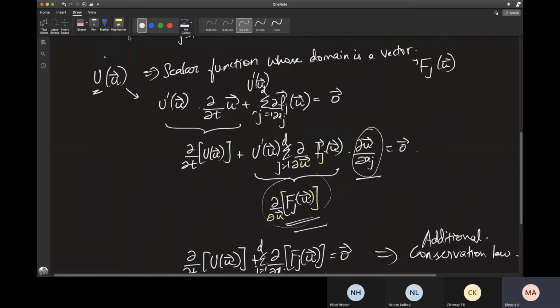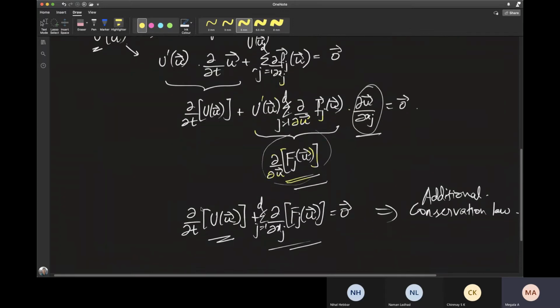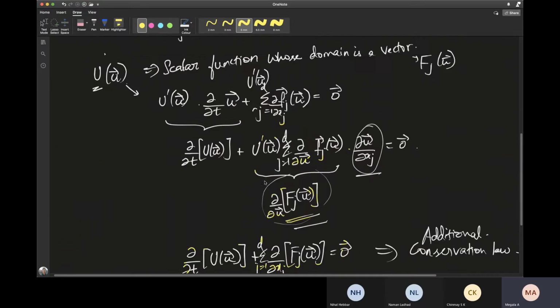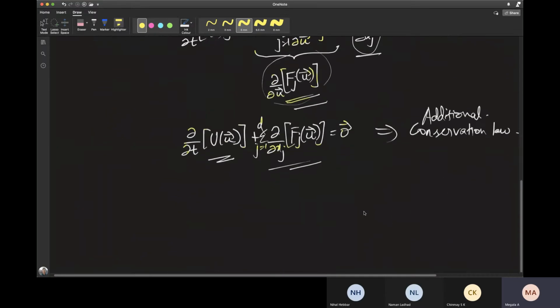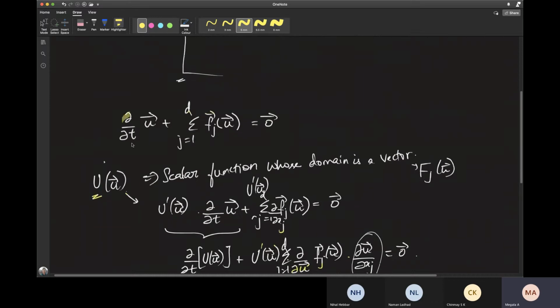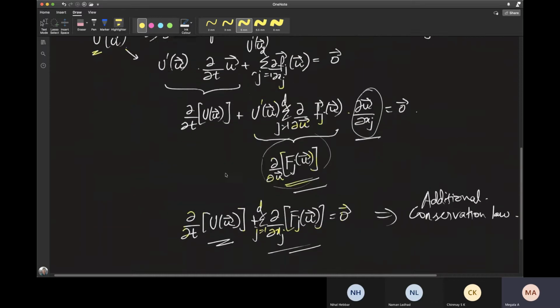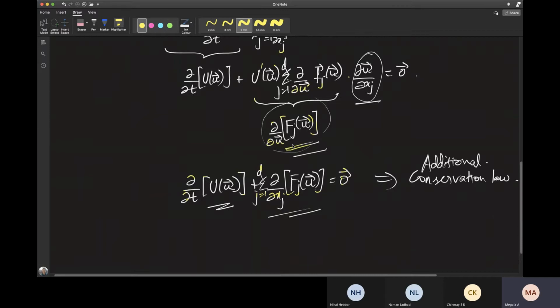That is, if we are able to write this, then we have an additional conservation law, and in that case, your scalar function u of u vector is an entropy function to the system that you are talking about. So this is what an entropy function for a system of conservation laws is.